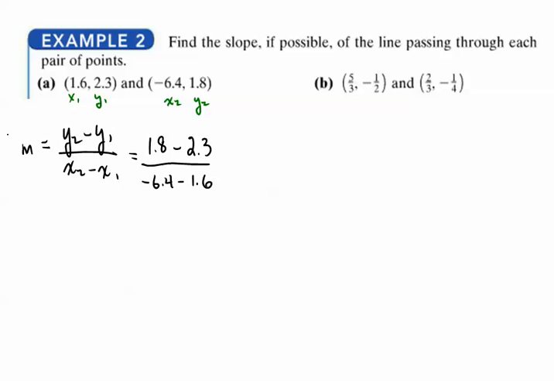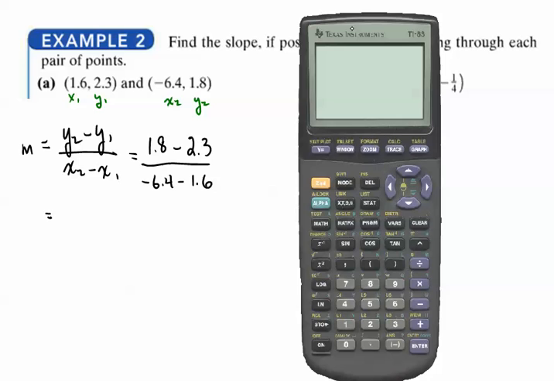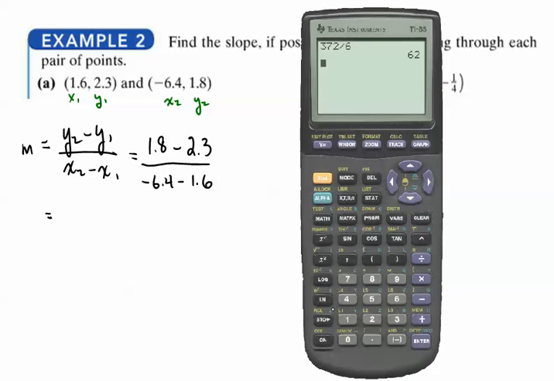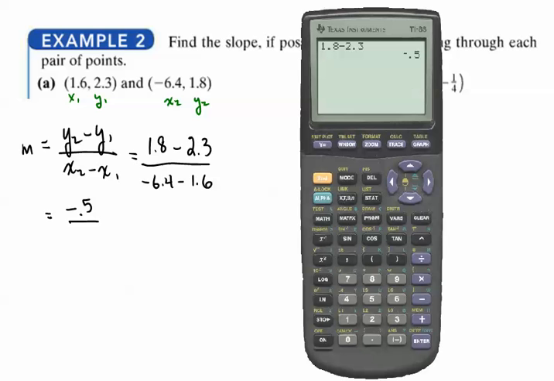1.6. Now, if you would like to, you can call out your calculator here, and let's see what we get. So we have 1.8 minus 2.3 equals negative 0.5. So we have a negative 0.5 divided by, and next we have negative 6.4 minus 1.6.